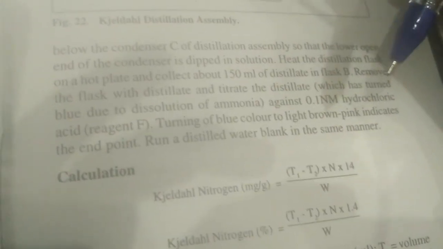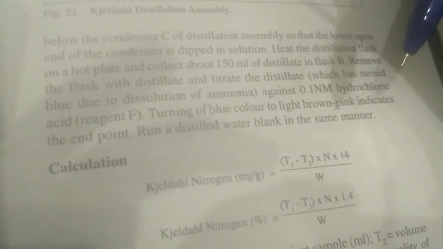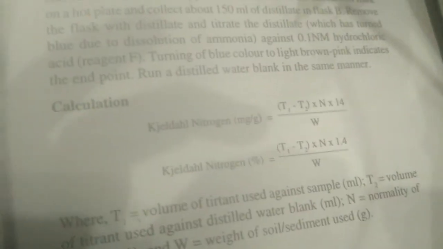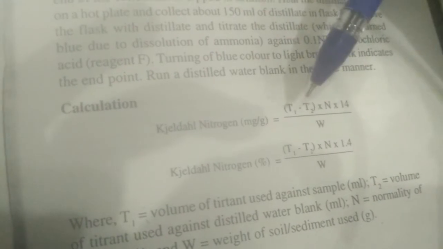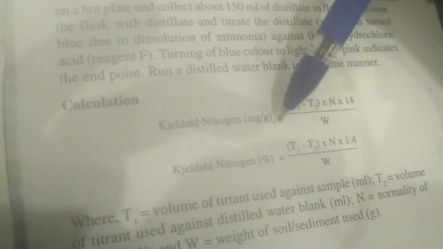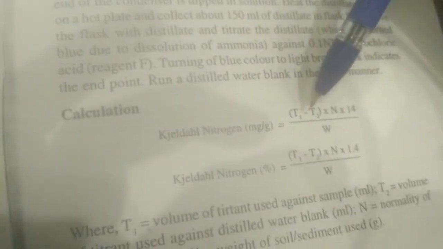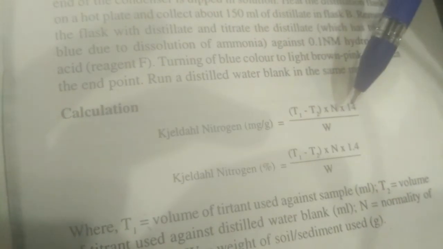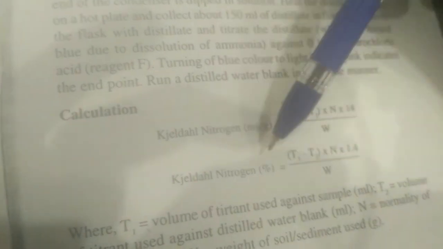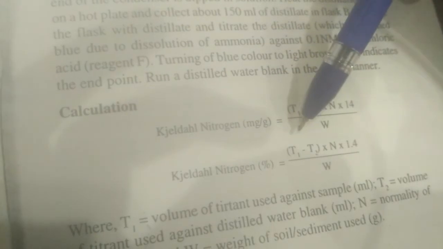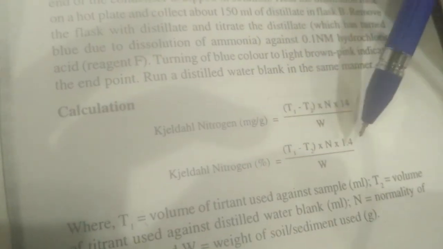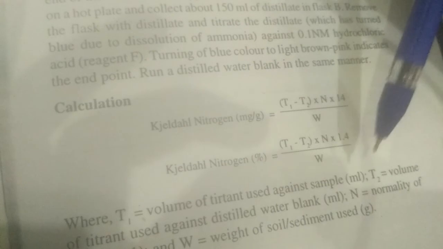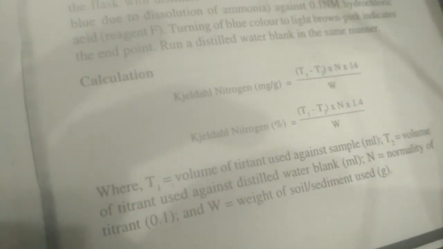Run a distilled water blank in the same manner. So the calculation is: Kjeldahl's nitrogen in milligram per gram equals (T1 minus T2) into N into 14, and Kjeldahl's nitrogen percentage equals (T1 minus T2) into N into 1.4 upon W, as we are expressing it in percentage.